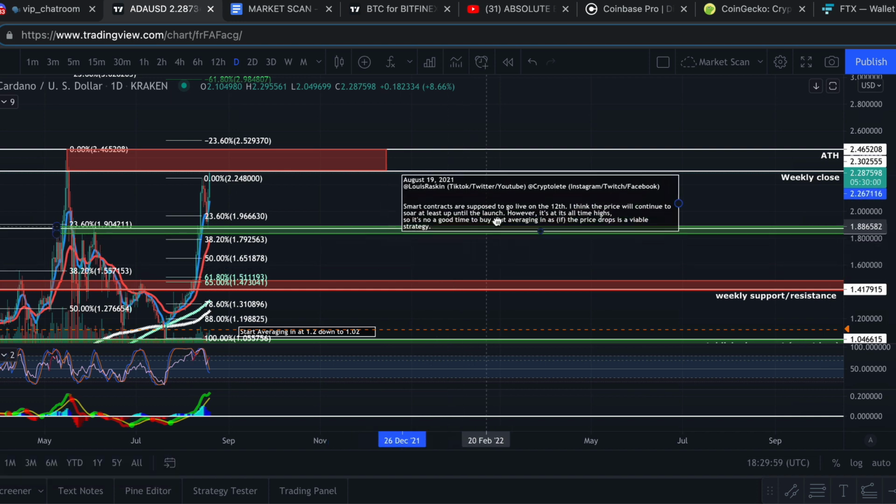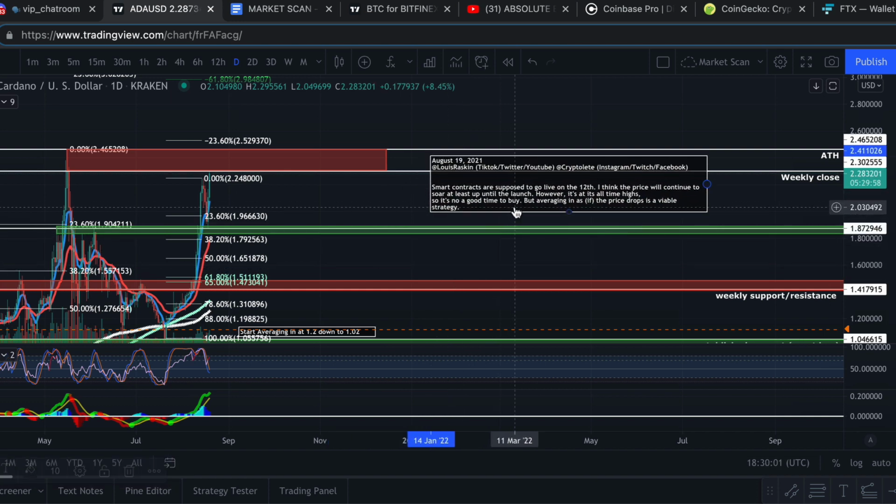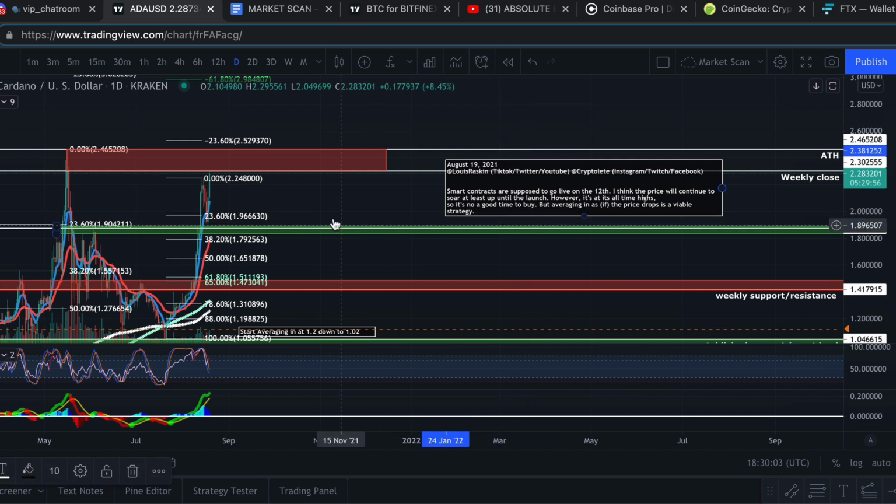Okay, so this is what I wrote for Cardano. I wrote smart contracts are supposed to go live on the 12th, and I think that the price will continue to go up and soar at least up until the launch. However, at its all-time highs, it's not a good time to buy right now. But averaging in as or if the price drops is a viable strategy.